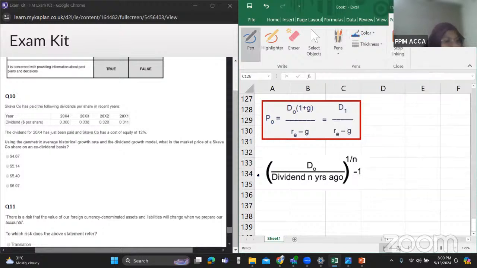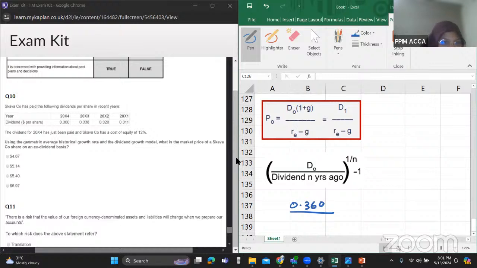D naught means the current dividend. The latest year that we have is 2014, so the current dividend is 0.360, divided by the dividend n years ago. The oldest dividend that we have is from, 1, 2, 3 years ago.